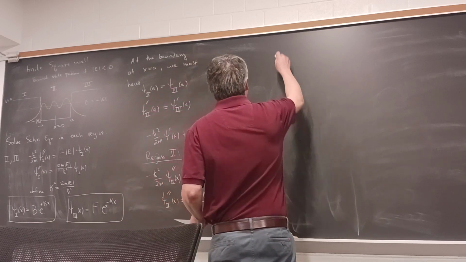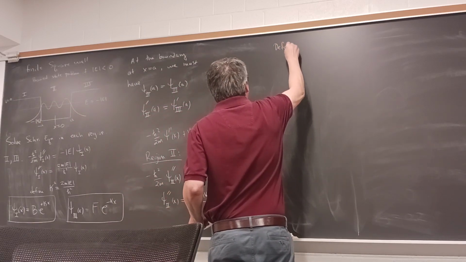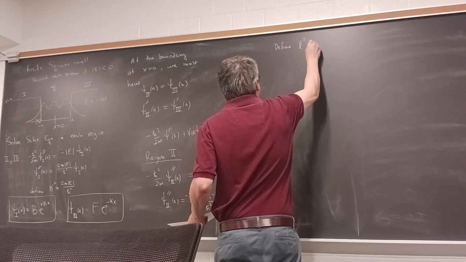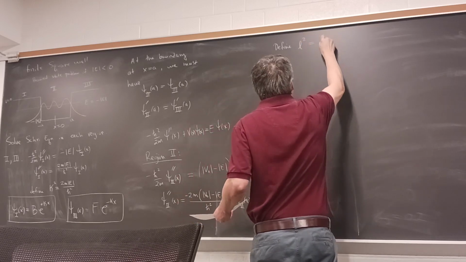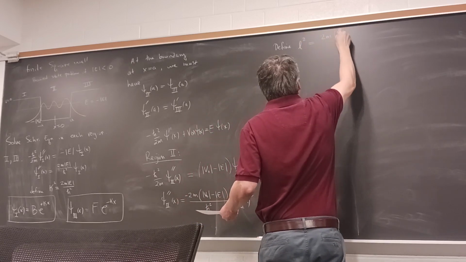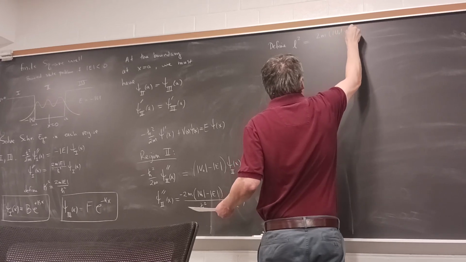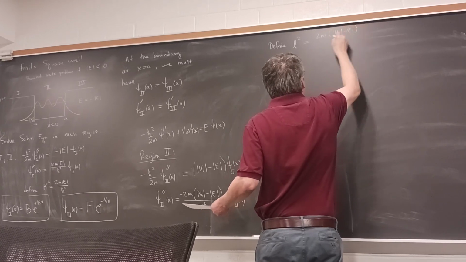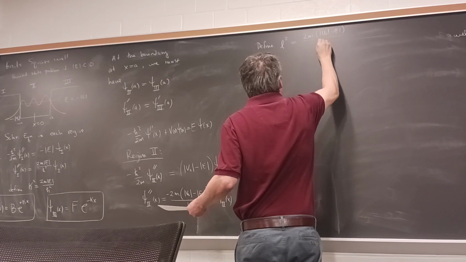So now let's define L squared as 2m times the magnitude of V0 minus the magnitude of E over h bar squared.